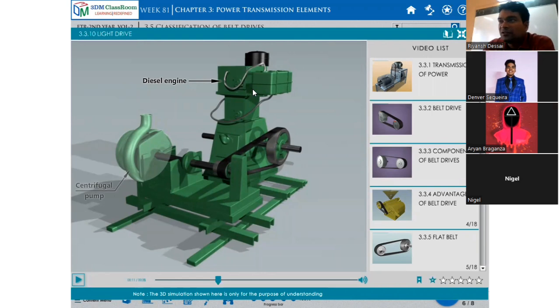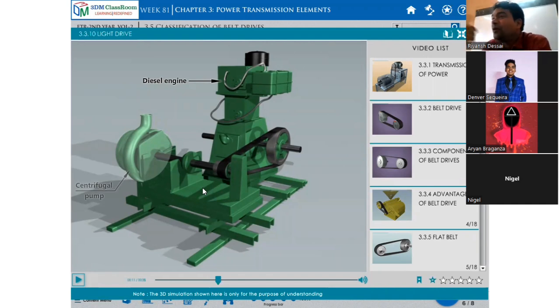Now this engine is used to rotate this pump, because in the agriculture sector there is no electricity. So you put in kerosene or petrol, and you have to manually pull it. Manual drive, and it will start and rotate.